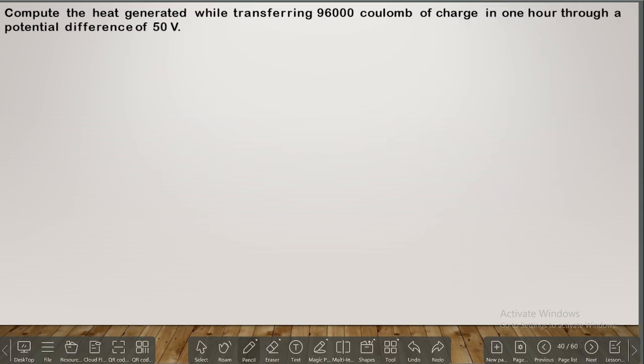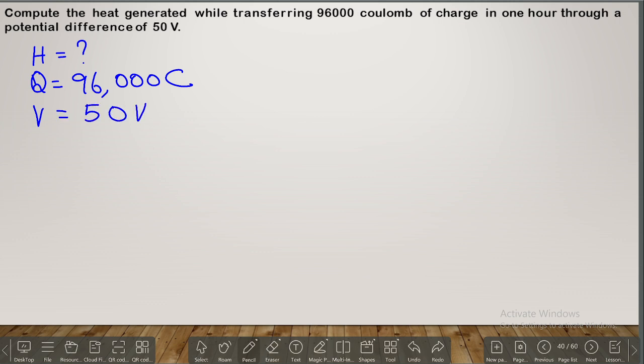Next, compute the heat generated while transferring 96,000 coulomb of charge in 1 hour through a potential difference of 50 volt. Compute the heat energy, that means the H value we are going to find. Charge value is given as 96,000 coulomb. V value is given as 50 volt.